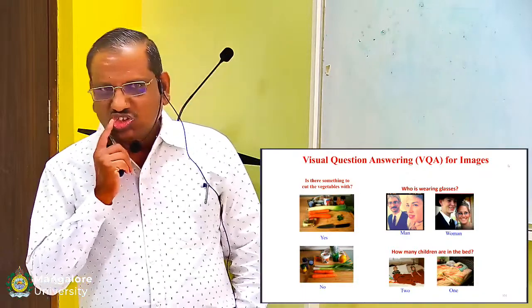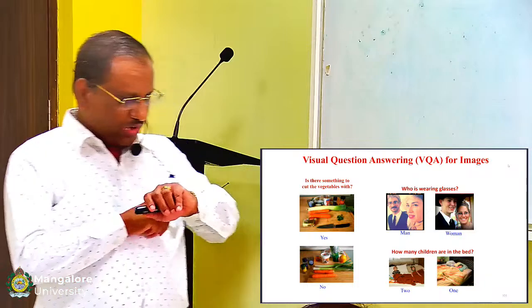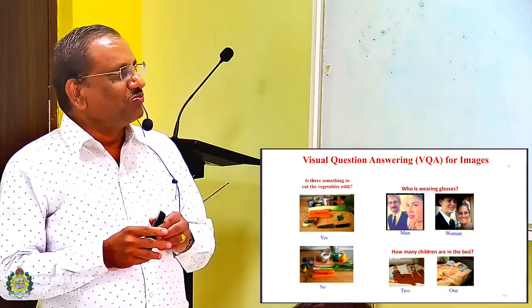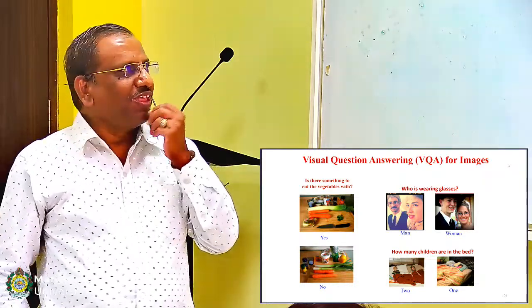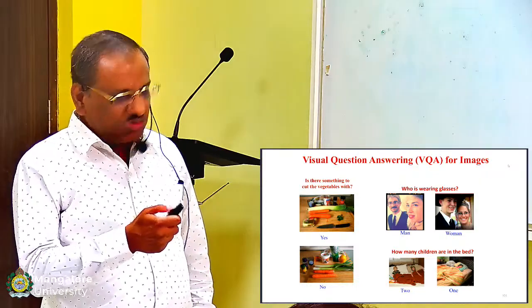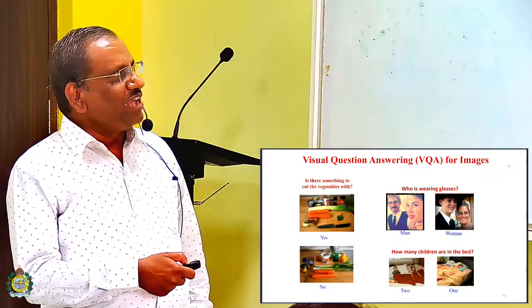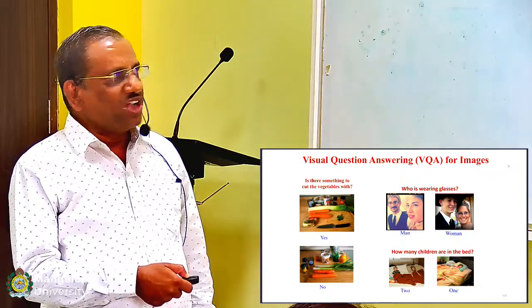So coming back to the task that we were addressing in the beginning of the session. If I want to solve problems like visual question answering or common sense reasoning, if you remember, visual question answering involves, given an image and a question, the model coming up with the answer.